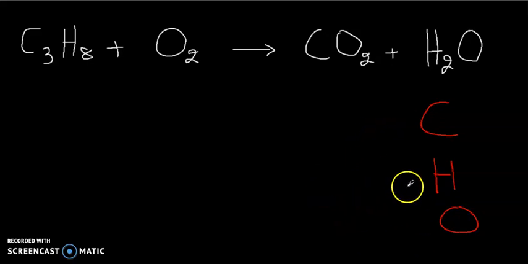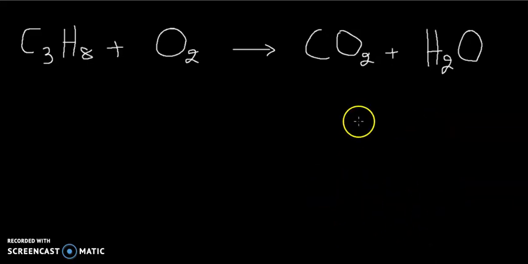Why? It makes it easier for us, since oxygen is found in two compounds in the products, not just one. So you have oxygen in CO2, and you have oxygen in water, while on this side, you have oxygen only in O2. Okay, so let's get started with balancing.